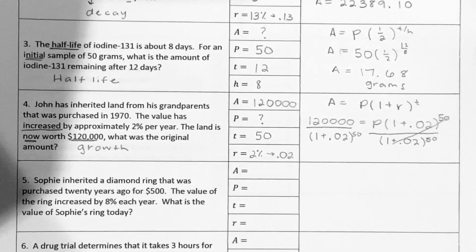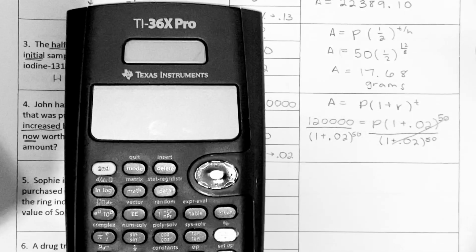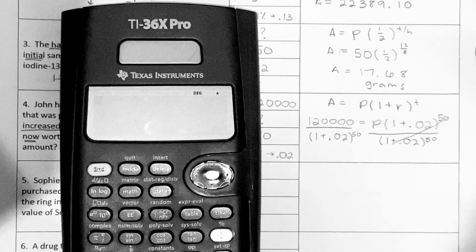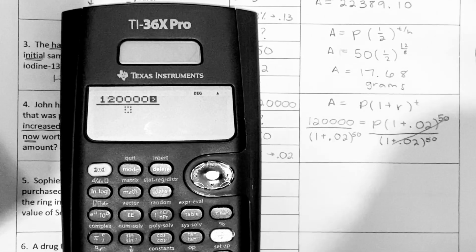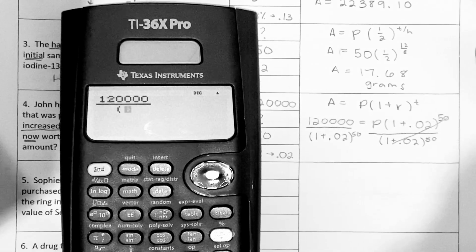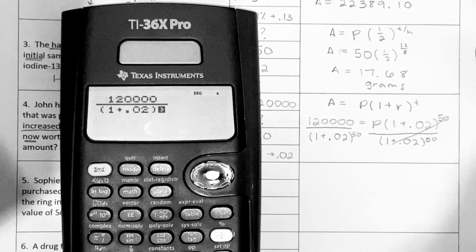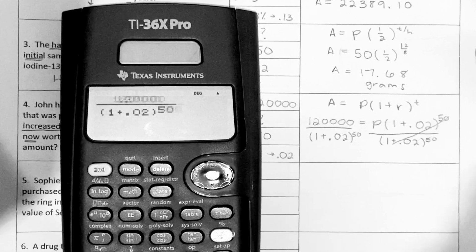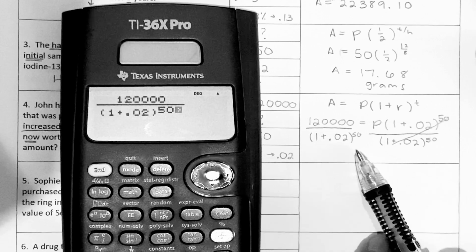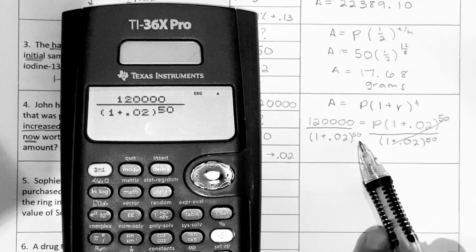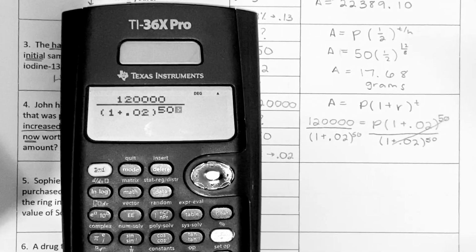So when I plug that in my calculator, I just use my fraction bar. 120,000 divided by (1 plus 0.02) raised to the 50. And again, just put it in with your calculator. If you're doing it with your phone calculator, I know that's probably a little bit tricky, but just do it one step at a time. Try not to round as much as possible.